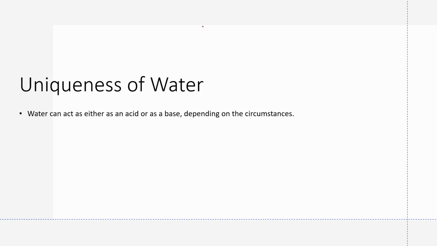When water acts as an acid, water will become hydroxide, and you have a loose proton, since an acid donates a proton. So water loses a proton, particularly hydrogen, and what you will have is hydroxide and hydrogen ion, or our proton.